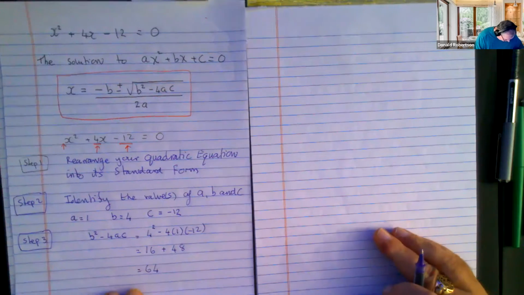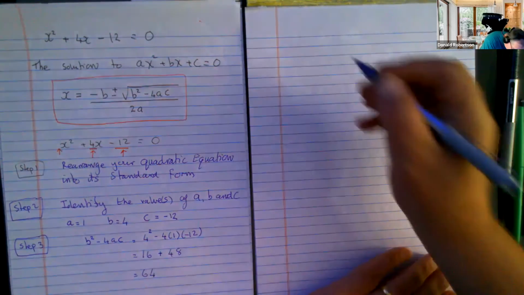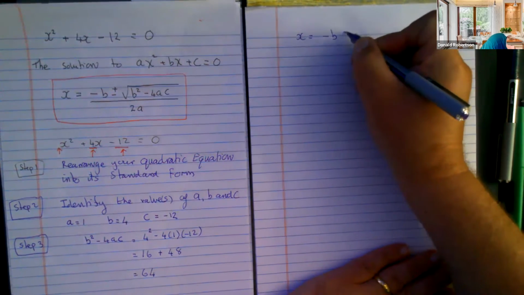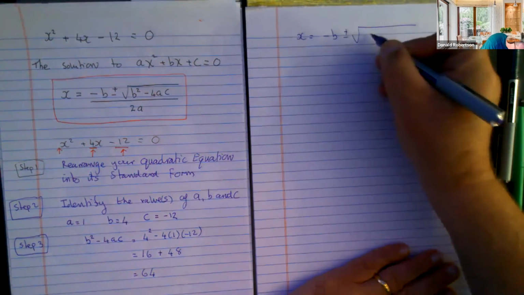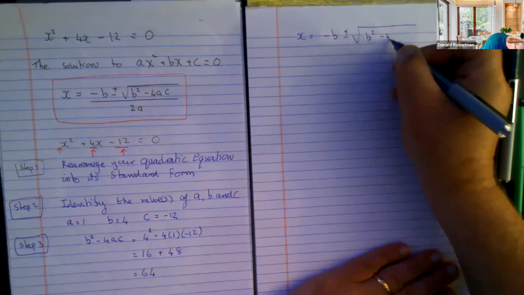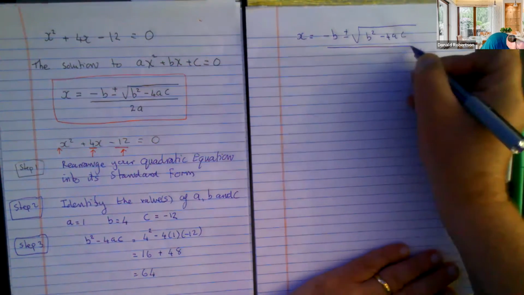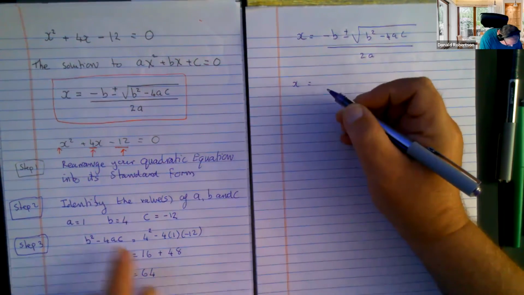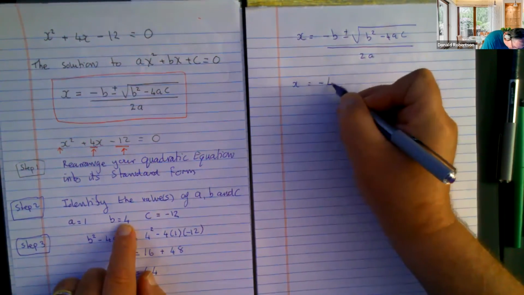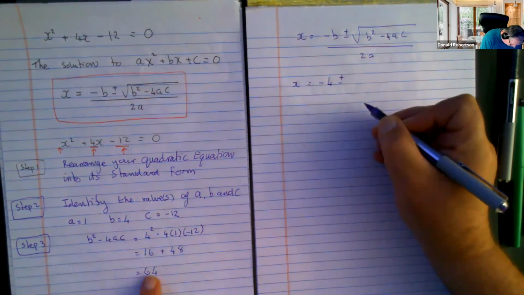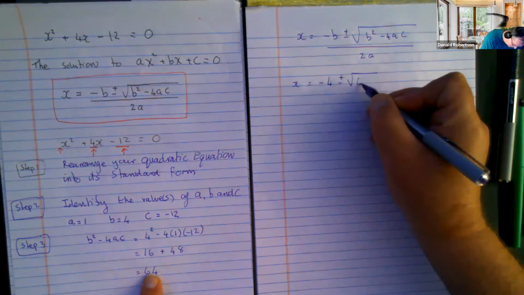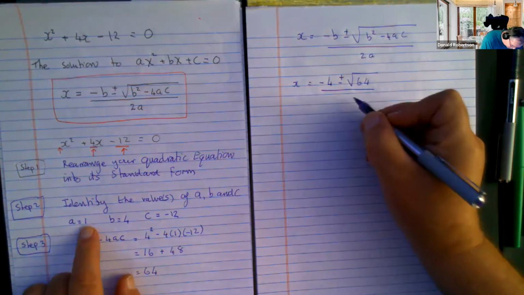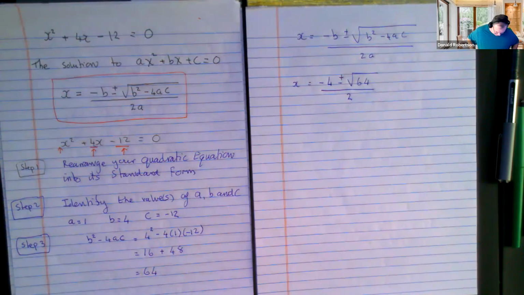Now, once I have found the value of this, I would then proceed to complete the whole process. So here is the formula that we're going to use. It's going to be the negative of this guy, -4, plus or minus the square root of this guy, all divided by 2 times A, which is 2.